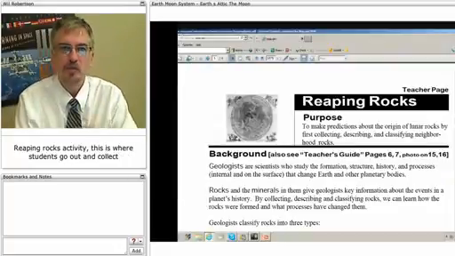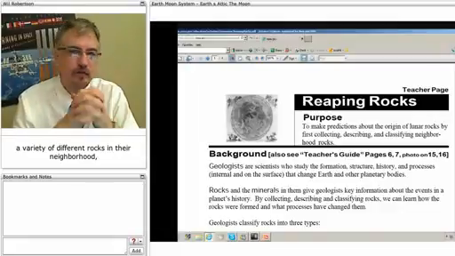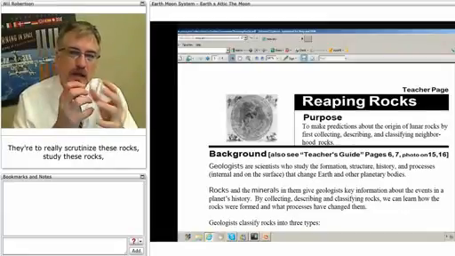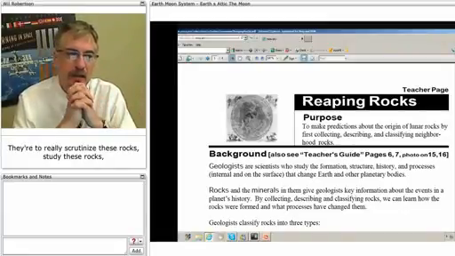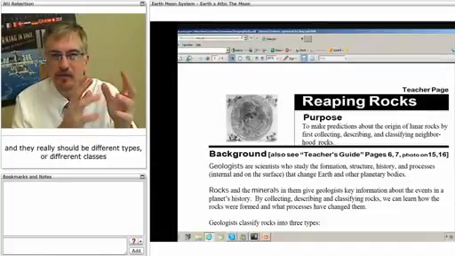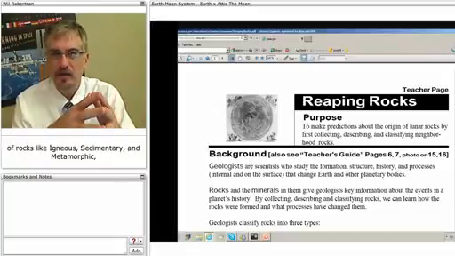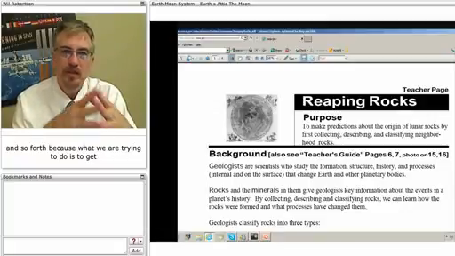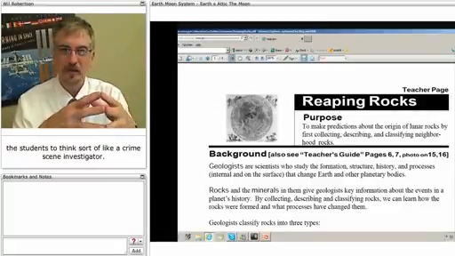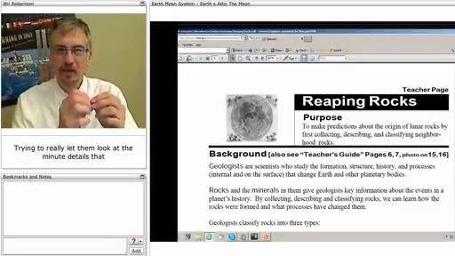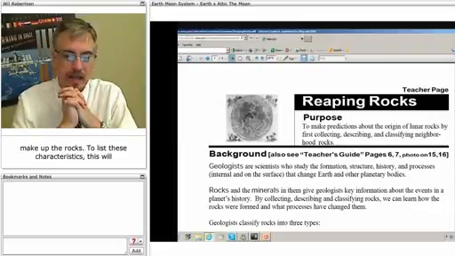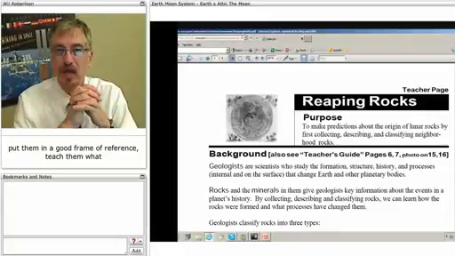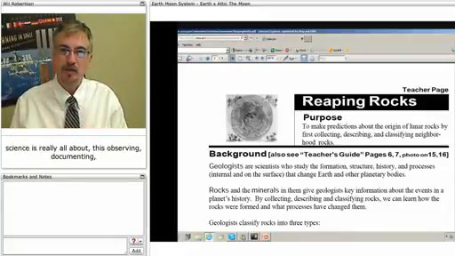Reaping rocks activity. This is where students go out and collect a variety of different rocks in their neighborhood, around the school ground, or wherever they are, and they're to really scrutinize these rocks, study these rocks, and they should be different types or different classes of rocks, like igneous, sedimentary, and metamorphic, and so forth, because what we're trying to do is to get the students to think sort of like a crime scene investigator, really looking at the minute details that make up the rocks and listing these characteristics, because this will put them in a good frame of reference and teach them what science is really all about.